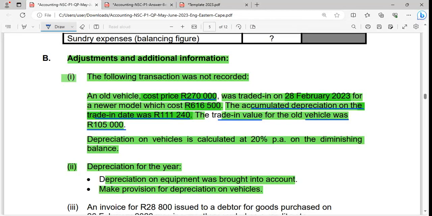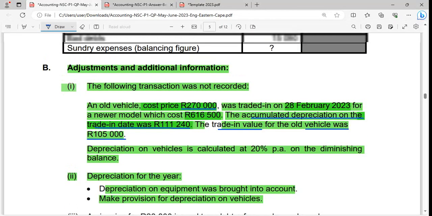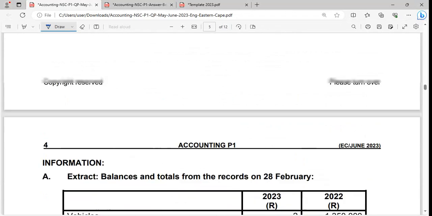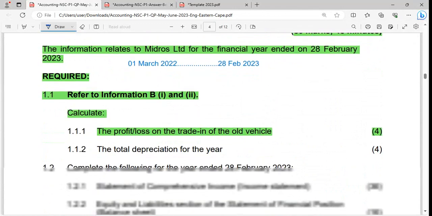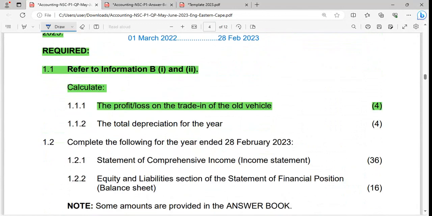So next question. Now we are going straight to 1.1.2. They want us to calculate the total depreciation for the year.